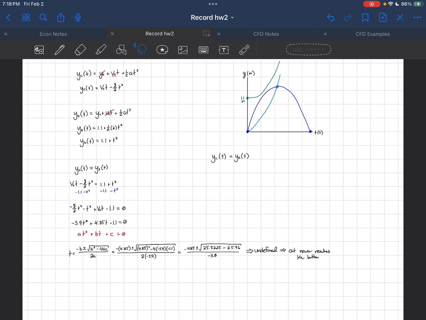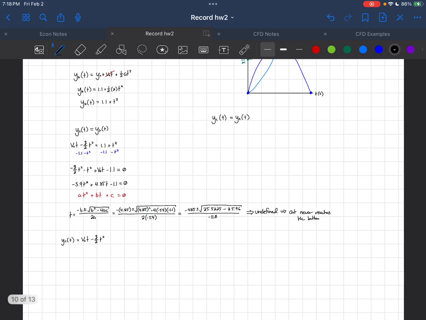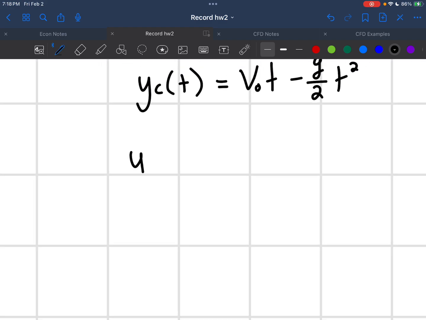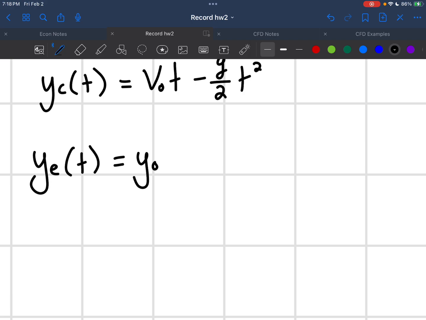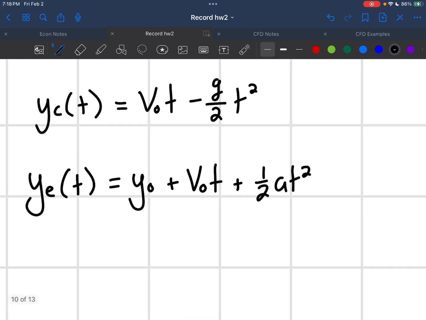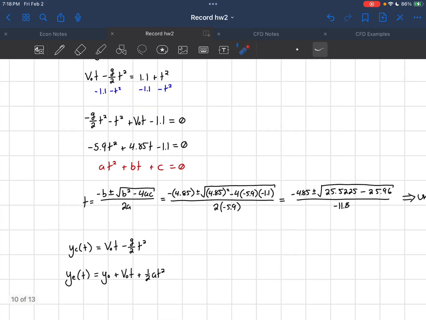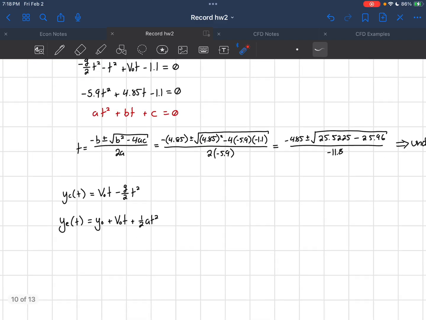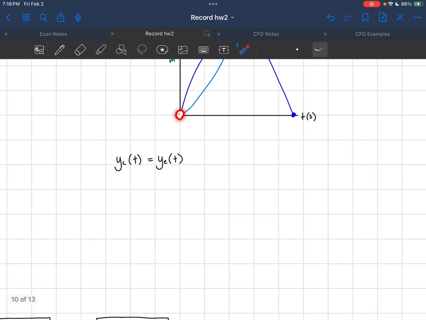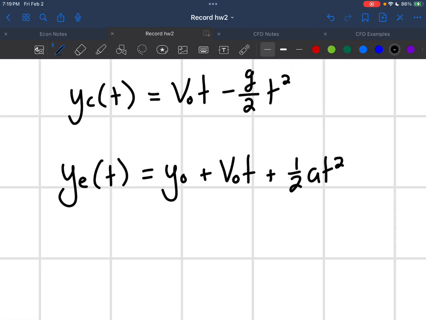So all I need to do is borrow my equation from up here for the position of the cat as a function of time. And then I need to set up the position of the elevator floor as a function of time. All right? So just like before, I'm going to start with my general position equation. Before we had the button, which had an initial position, but we said that the floor is starting at the same place as Mary, so we called that 0.